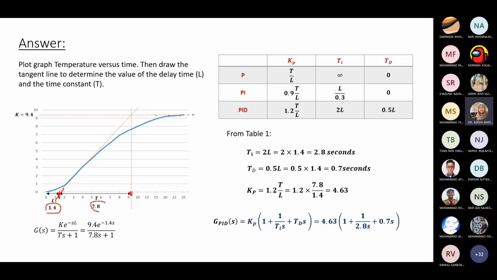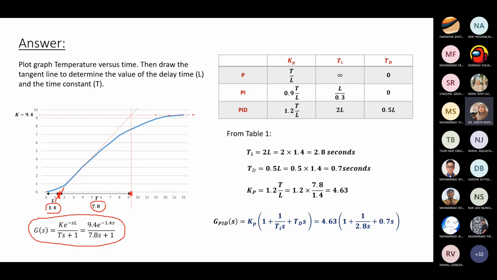So we obtain for T a value equal to 7.8. And from these values, we can obtain the transfer function of this system using this formula.